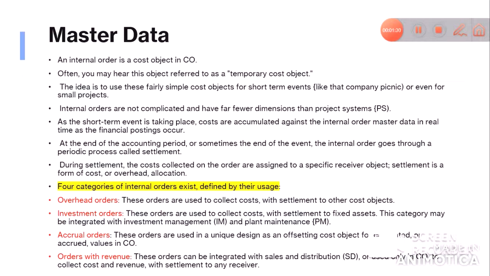Internal orders are not complicated and have far fewer dimensions than project systems. As the short-term event is taking place, costs are accumulated against the internal order master data in real time as the financial postings occur. At the end of the accounting period, or sometimes the end of the event, the internal order goes through a periodic process called settlement.